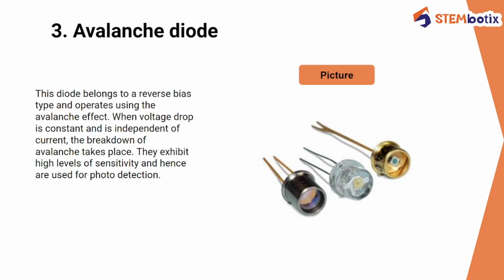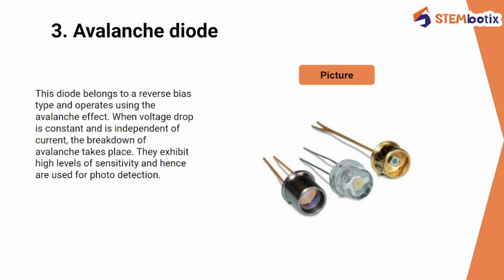This is the main function of the avalanche diode. This diode belongs to the reverse bias types and operates using the avalanche effect. When the voltage drop is constant and independent of current, the avalanche breakdown takes place.